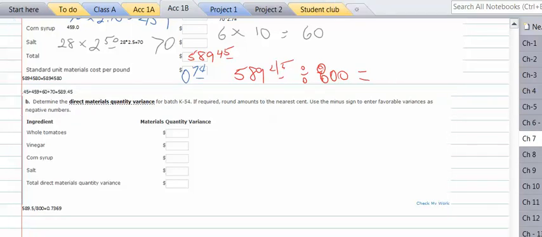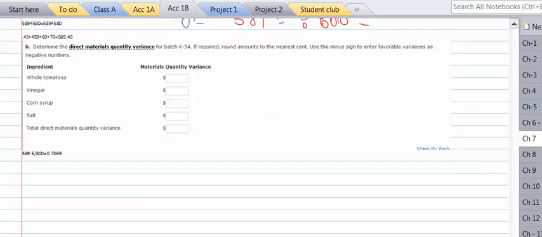Now the next part of this question says determine the direct materials quantity variance for batch K54. If required, round numbers as follows. Remember, our quantity variance, I'm going to write that formula down.